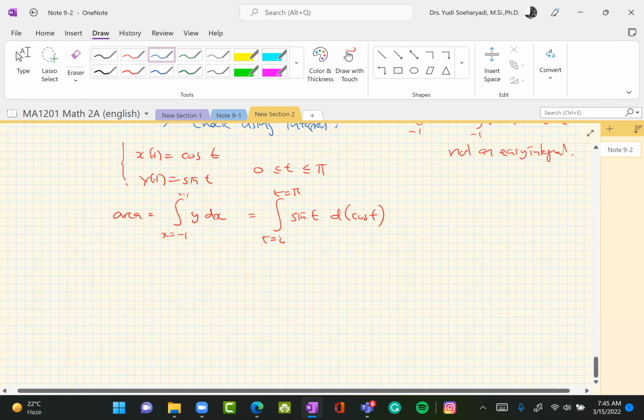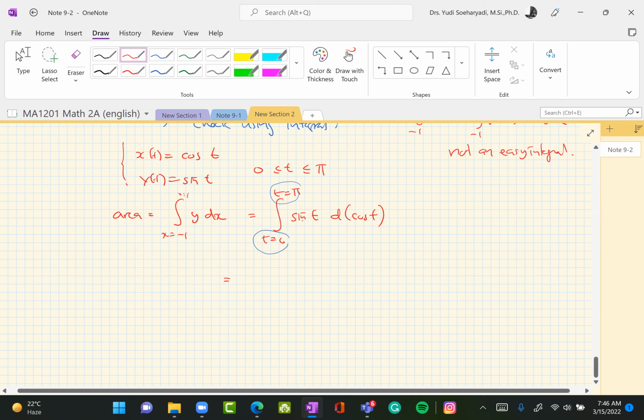I intentionally write down t equals something to remind you that the bound here must be in t, while here the bound is in x. All right, so let's compute this one.